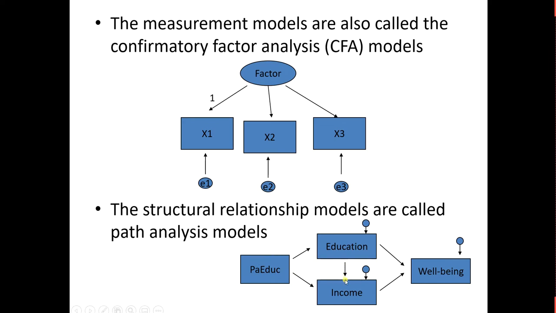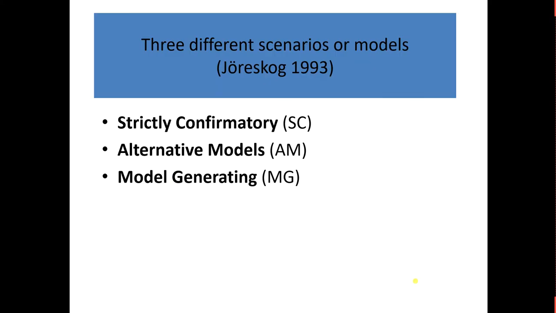Education is also influencing income, and in turn education and income are influencing the well-being of an individual. And this is our assumption, this is our belief based on theory and research. We test how far this belief represented in this form of model is fitting with the actual data. If we get a good fit, then we accept this model, otherwise we reject the model.